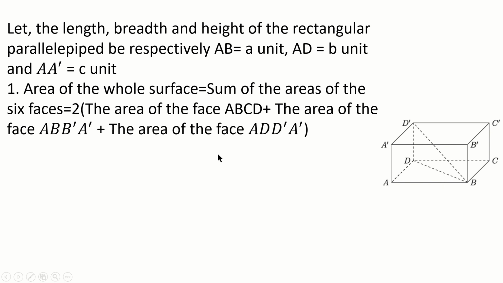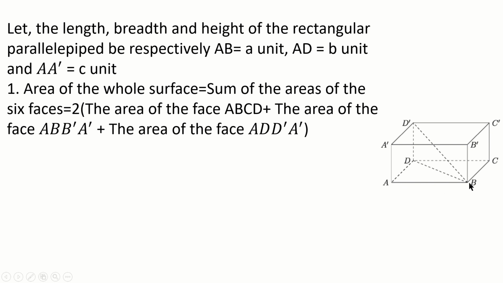Similarly, the area of the face A, D, D', A' and B, B', C are the same. So we can write any one of these as we have written here A, D, D', A'. So here we have to take common 2. Clear? Again follow this.